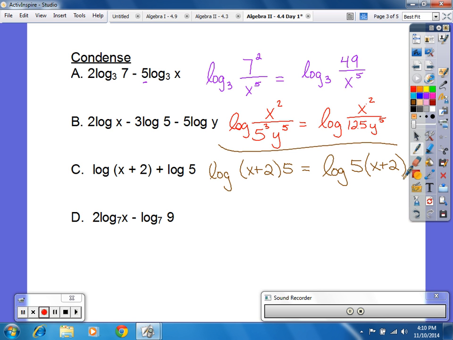Pause while you try letter D. On letter D, I should have the log base 7 of x squared over 9. Come back and take a look at these later if you have problems while you're working on your worksheet.